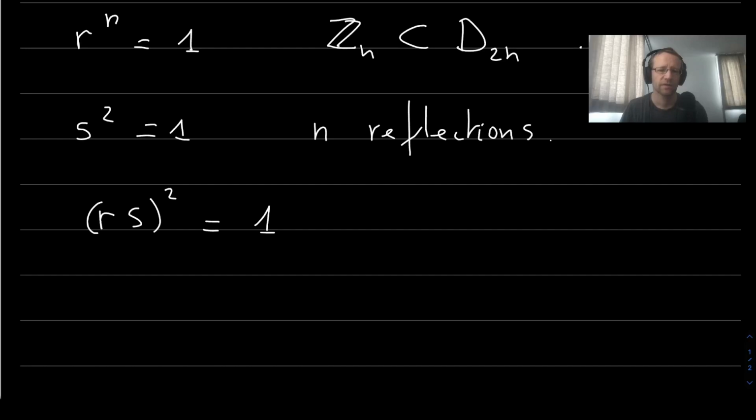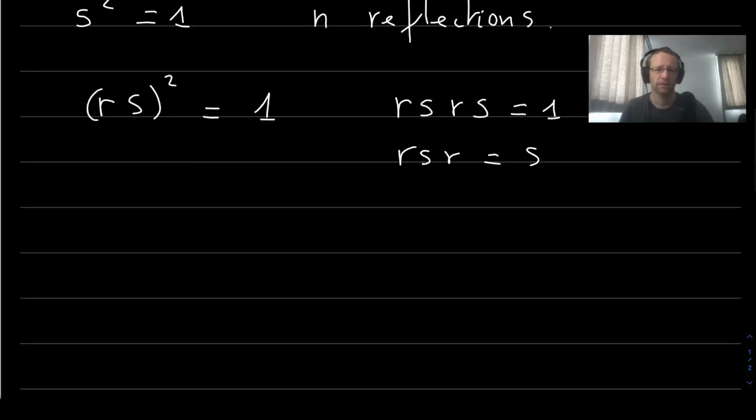And this also tells us how to commute r and s, because this basically tells us that s r s is r inverse, because s squared is 1. S inverse is s because s squared is 1.